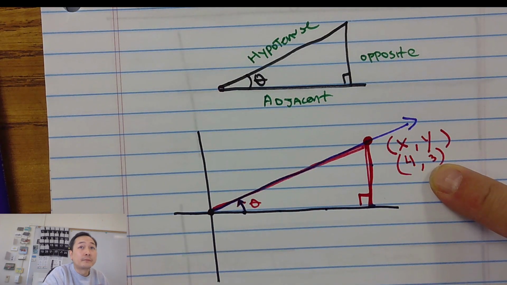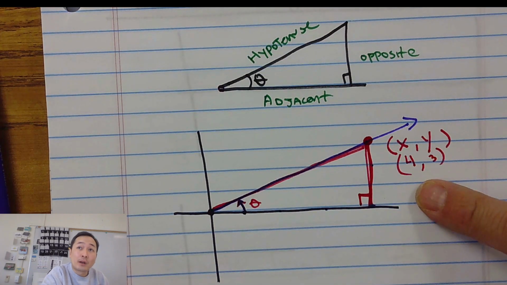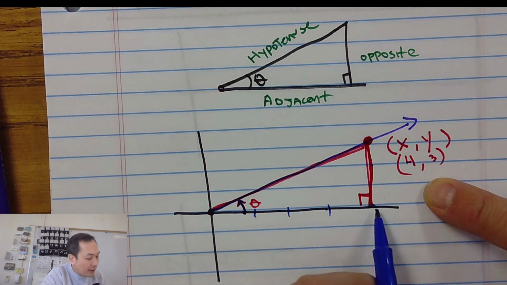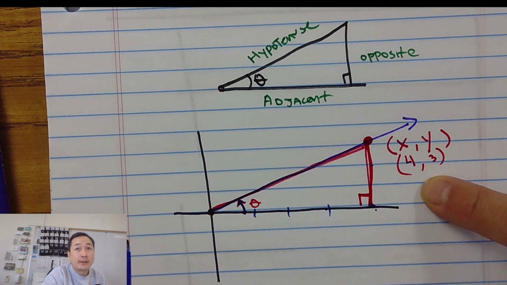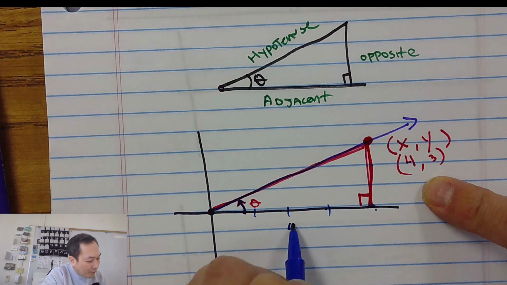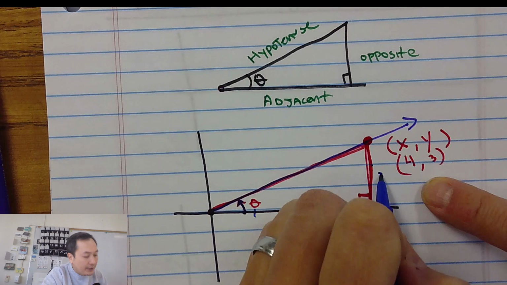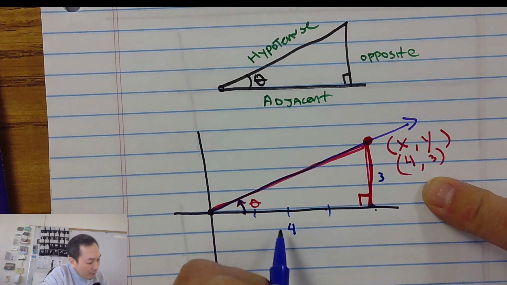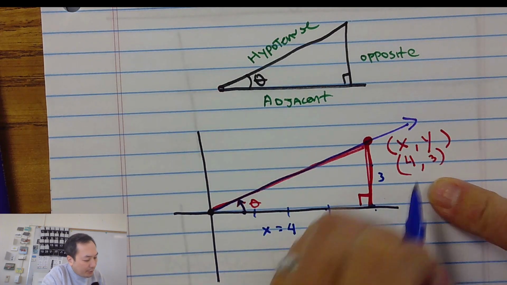So if I asked you to graph 4 comma 3, you would go 1, 2, 3, 4, and then go up 3. So this is actually 4 in this example, and this is actually 3. 4 is my x, 3 is my y.